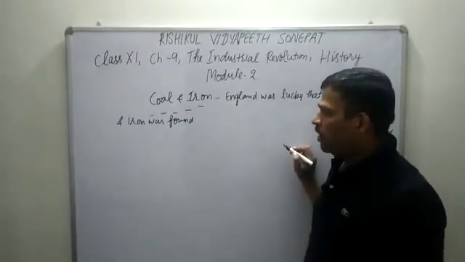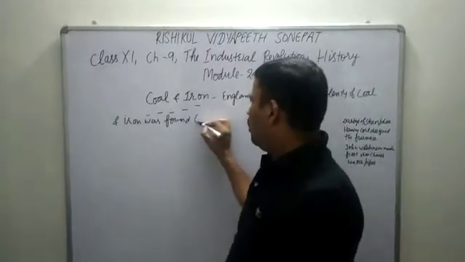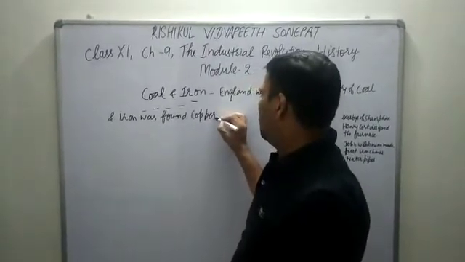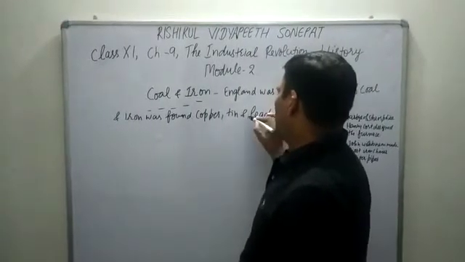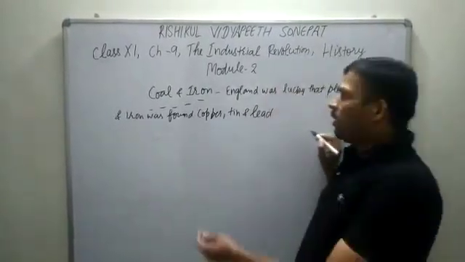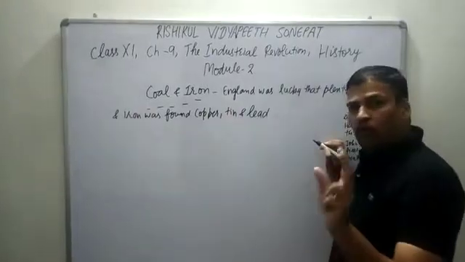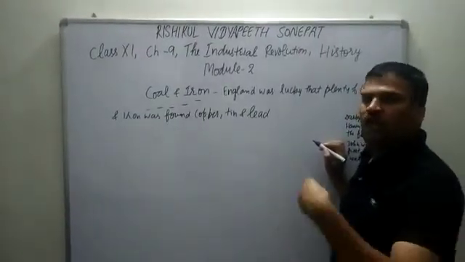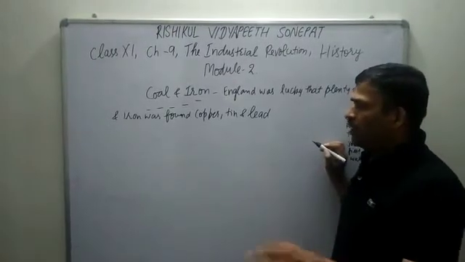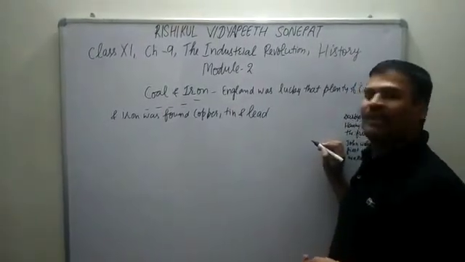Now another thing was there: copper, tin and lead were also found. There was not as much good technology as we have now, when iron is even converted into stainless steel.